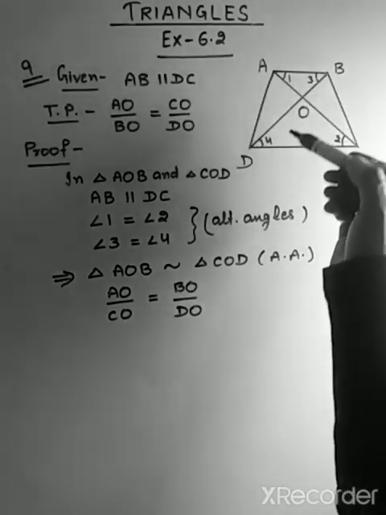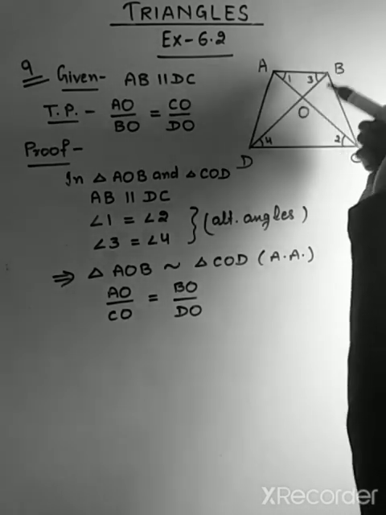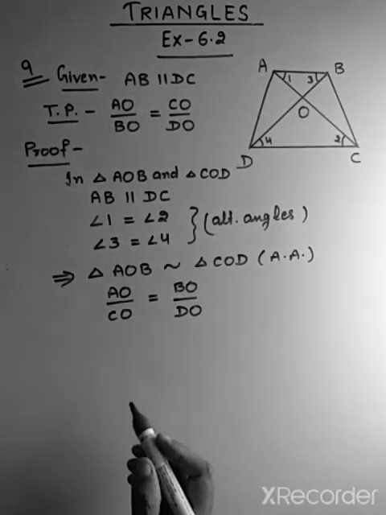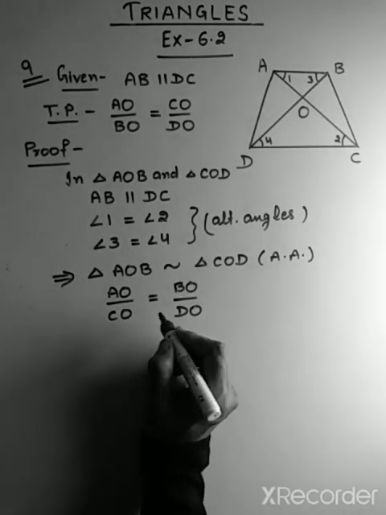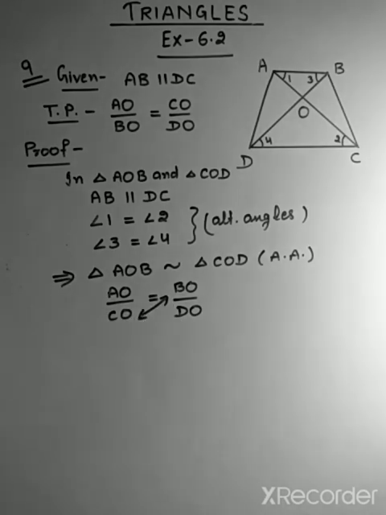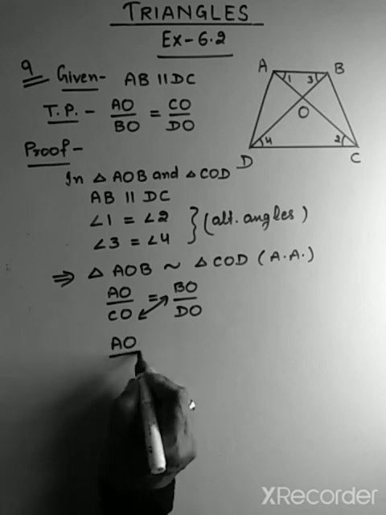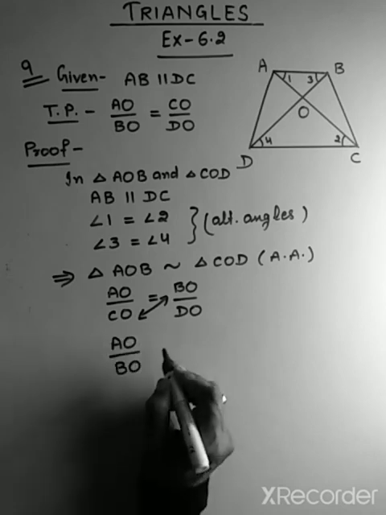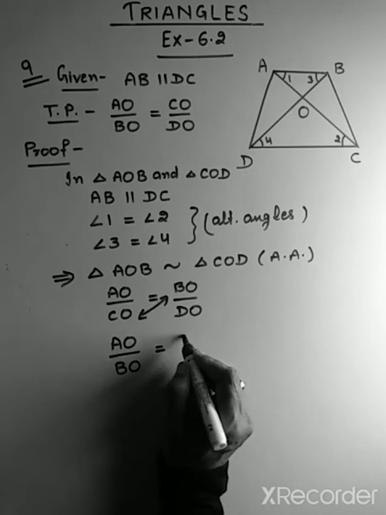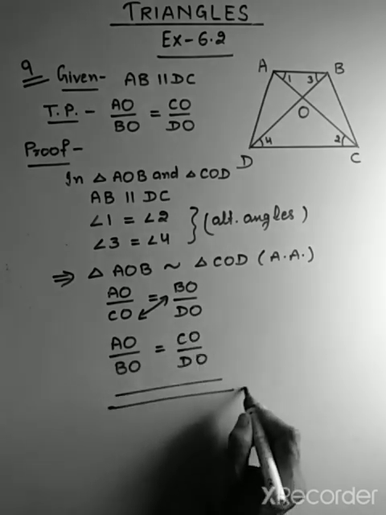Since angle 3 equals to angle 4, the corresponding side of BO is DO. Now, if we interchange the places of CO and BO, we can say AO upon BO equals to CO upon DO. This we have to prove.